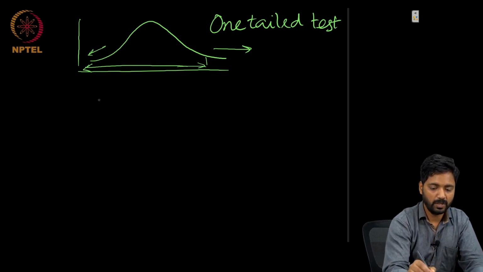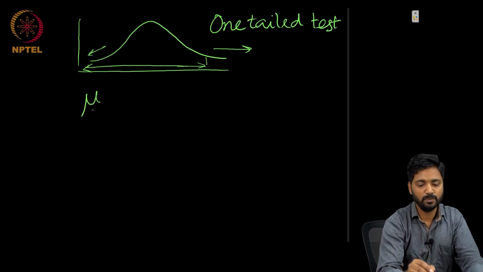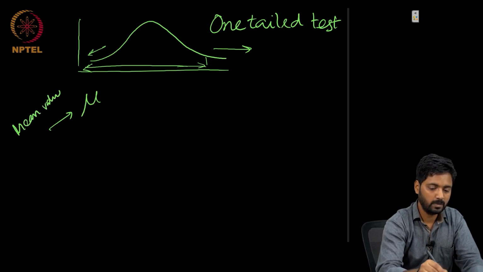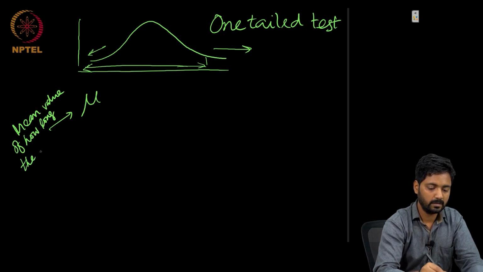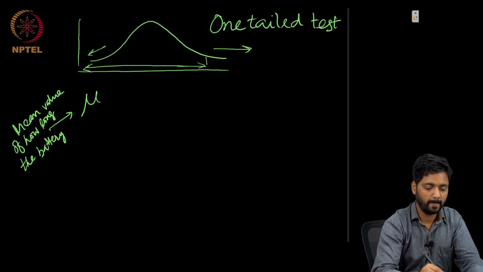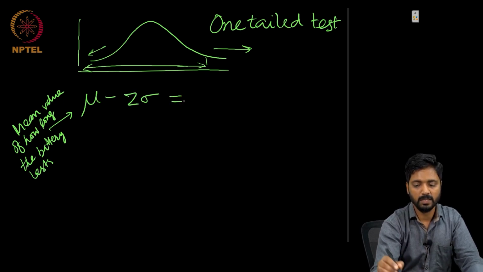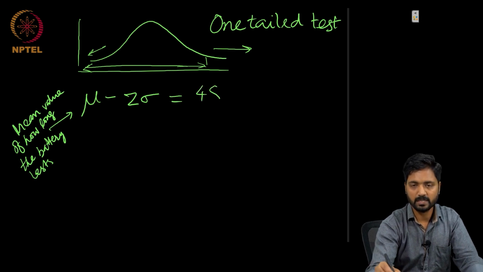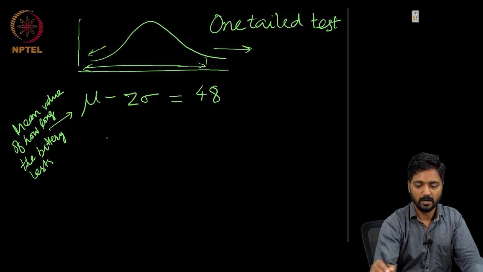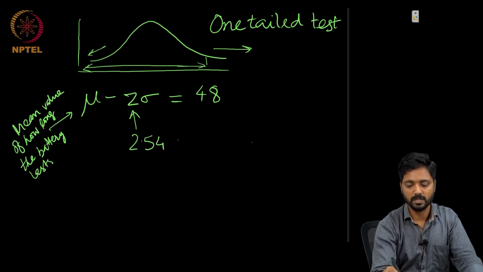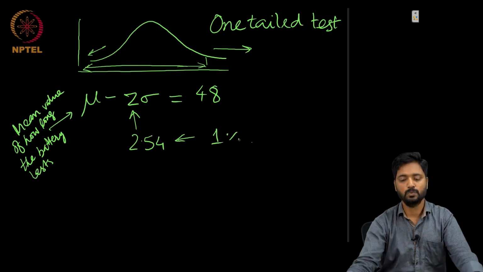So, what we get from this data is, if mu is the mean value of how long the battery lasts, then mu minus z sigma in this case is 48 months, when the z value in this case is 2.54, corresponding to a significance level of 1% in the two-tailed test.